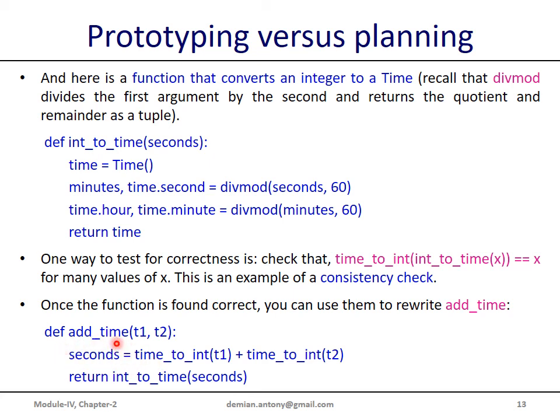And now we convert this seconds into a time object. Again we call the reverse function, the function to convert integer to time, with this integer quantity. This returns an object of type time, which is nothing but the addition of two time objects.